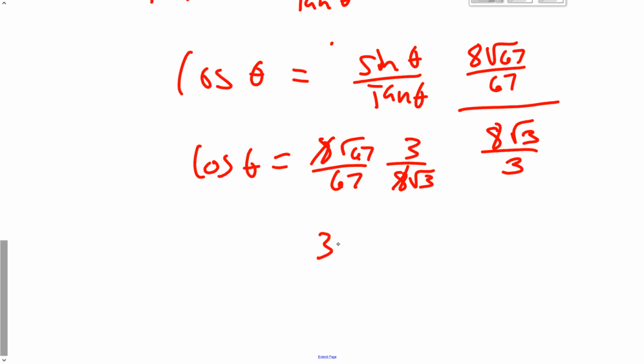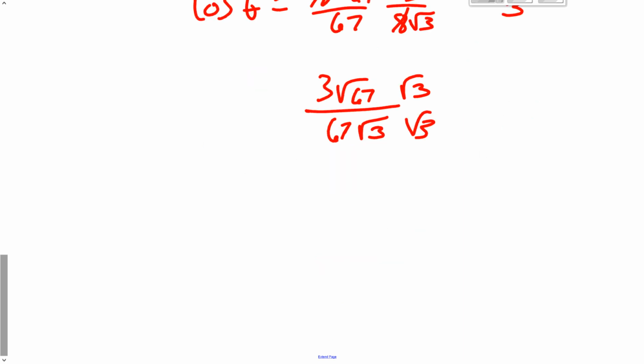So I get 3 root 67 over 67 root 3. Multiply by root 3 on both sides. 67 times root 3. Square root 67 times square root 3 is 201. And that's not going to reduce because 67 doesn't reduce either. So we have 3 square root 201 over 67 times 3, which is 201. So there's cosine of theta.